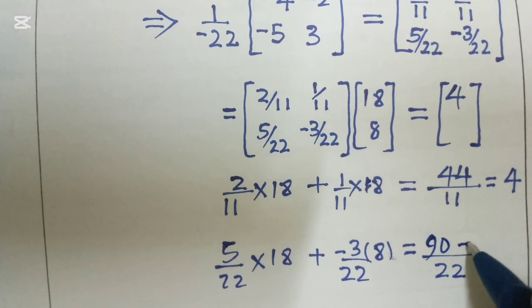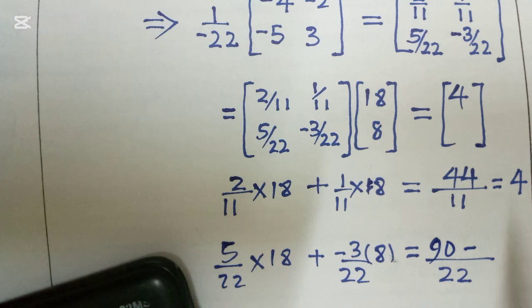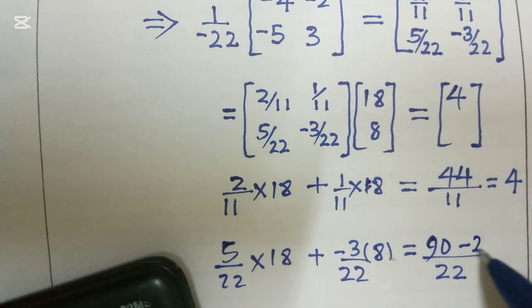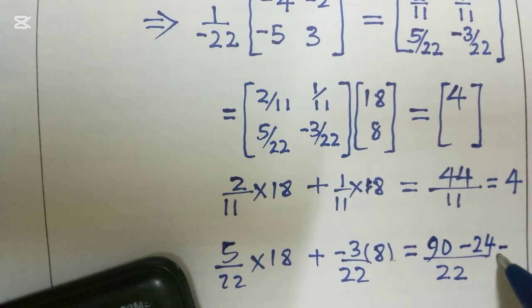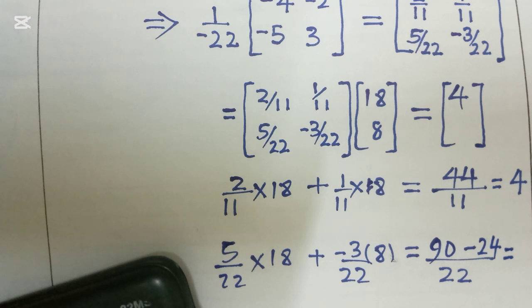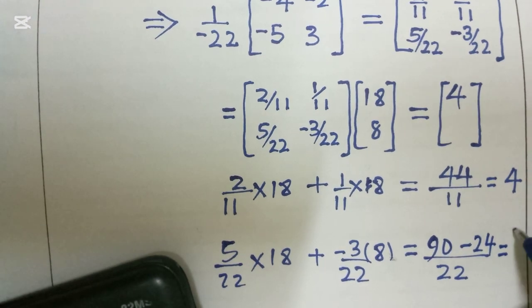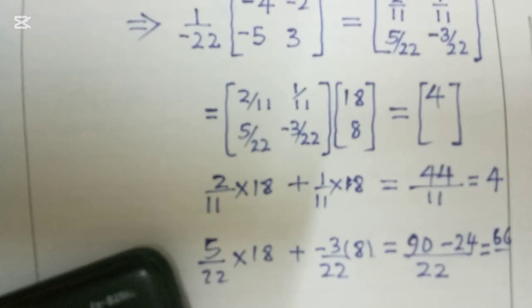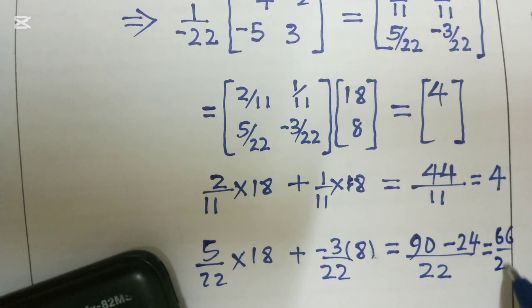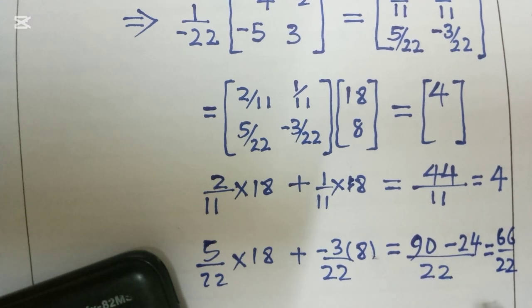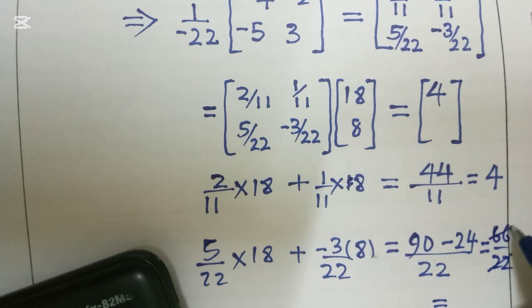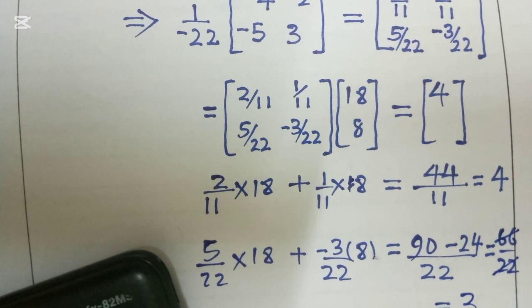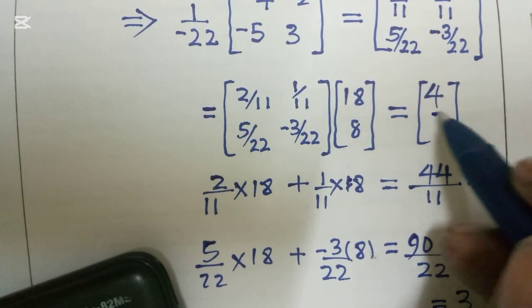Now minus 8 times 3 gives us 24. So this is going to be 90 minus 24 equals 66, divided now by 22. So y now is going to be 66 divided by 22, which is 3. So our y is going to be 3.